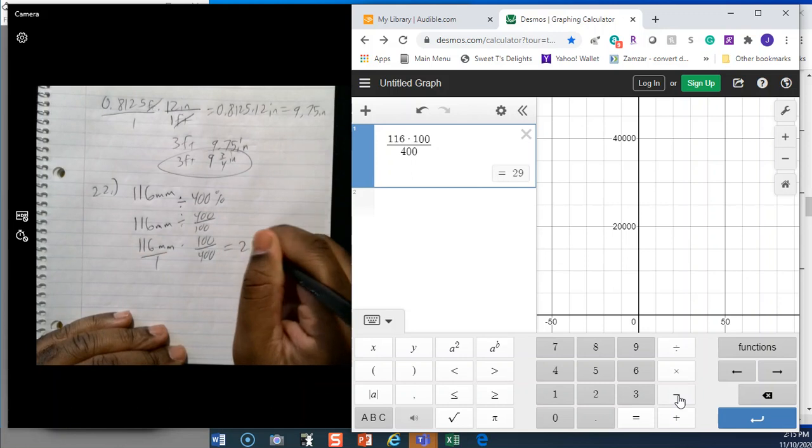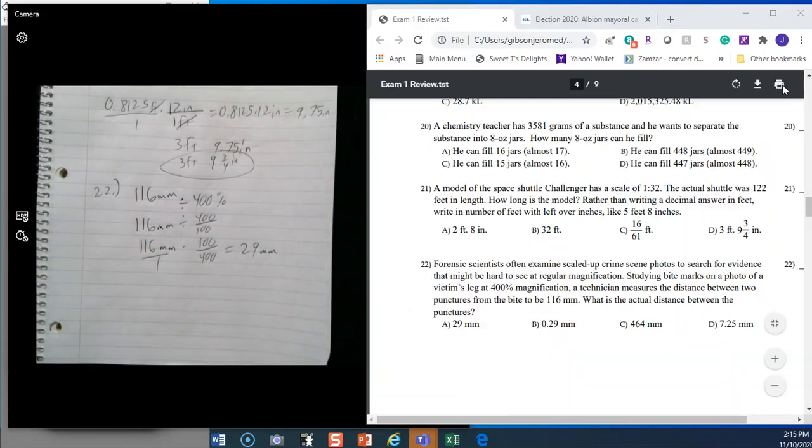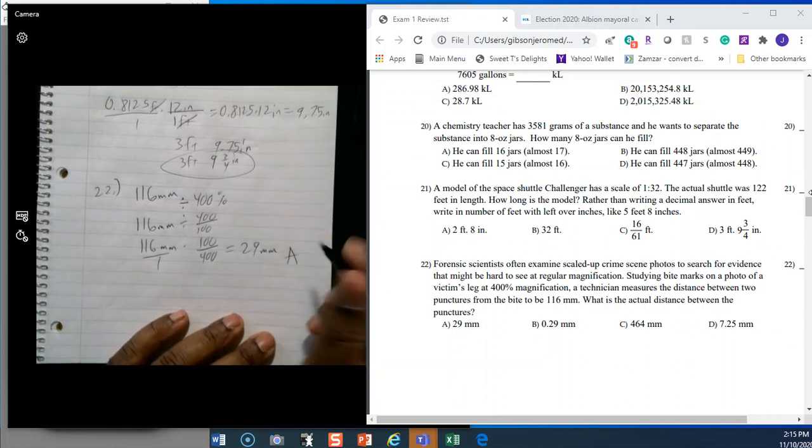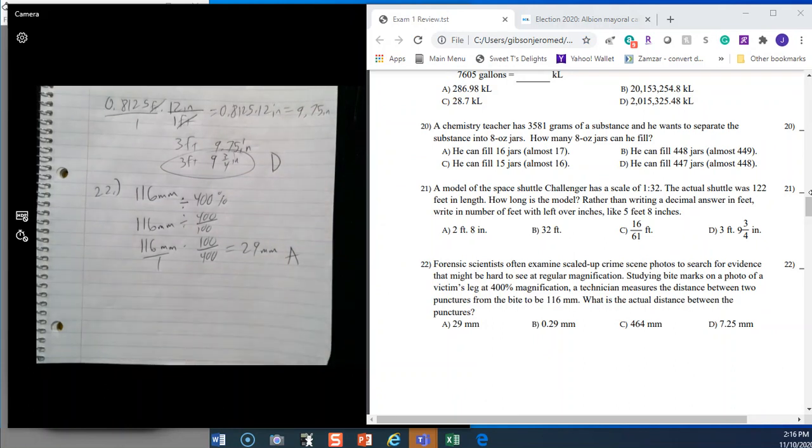So this would be 29 millimeters. That would be our final answer, and that answer would be A. And then going back up to 21, that answer would be D.